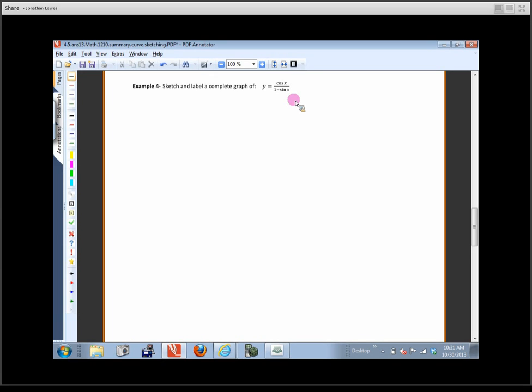We haven't run into one of these before, but the period on this one is going to be 2 pi. Whatever shape we make, if I can graph it from 0 to 2 pi, I can just repeat that same pattern every 2 pi units after that. So again, let's talk about domain. This wouldn't exist when the denominator is 0, and that would happen when sine is equal to 1.